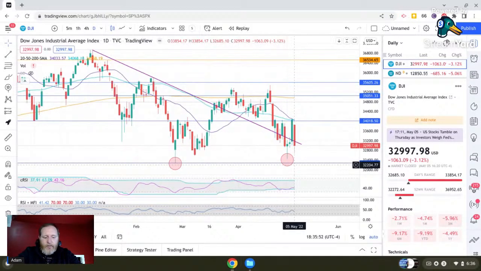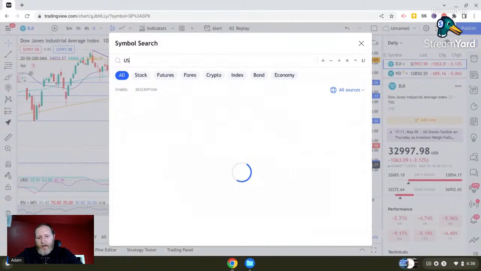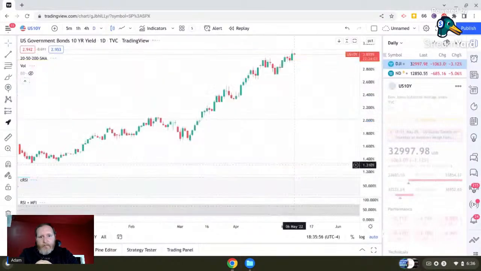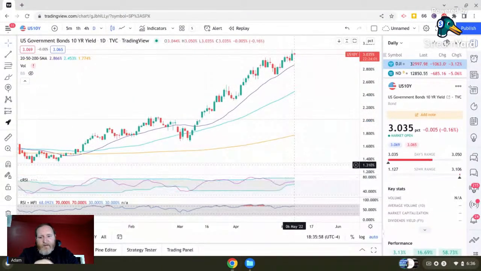The ticker, US10Y, to get to the 10-year yield. Now, the 10-year rising 15 basis points, it closed at 3.07%. It actually hit 3.1% intraday today. That is high and worrisome for growth stocks.